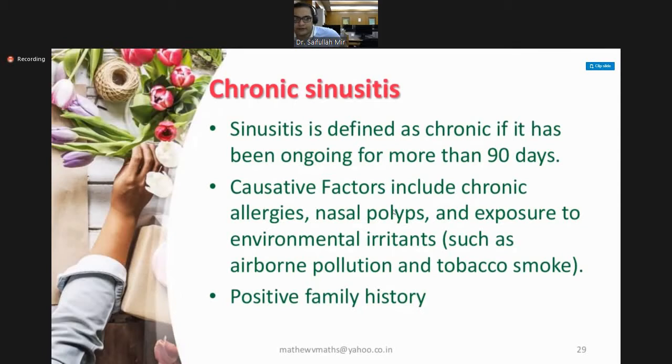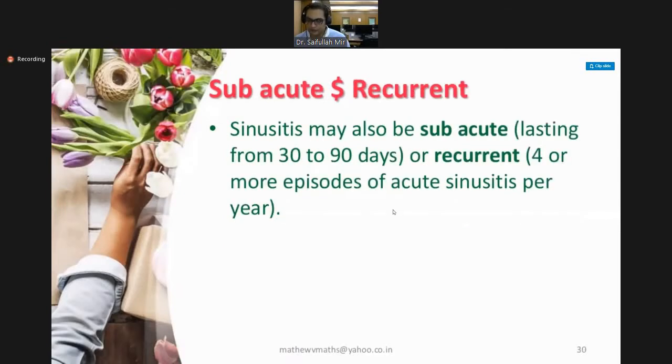And there's a familial tendency in nasal polyps as well. Subacute is in between these 30 days. Or if it's recurrent acute, that means there are more than 4 episodes of sinusitis per year.